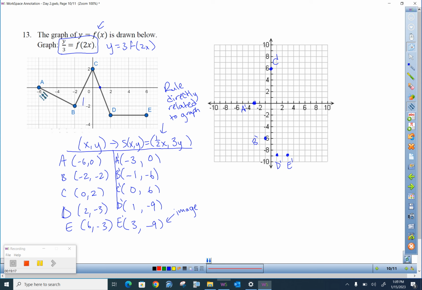Okay. We're going to connect them in the same way it started. So A goes to B, B goes to C, C to D, and D to E to finish it. Okay, so here we saw horizontal compression and a vertical stretch, just like our equation and our rule stated.